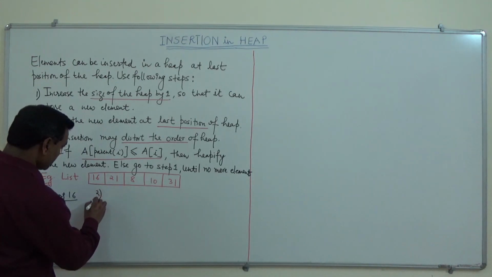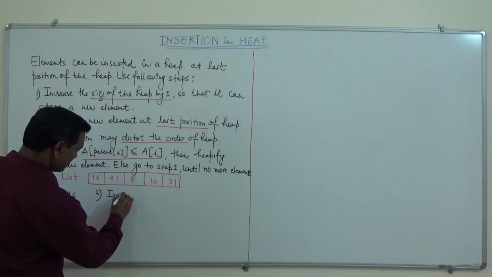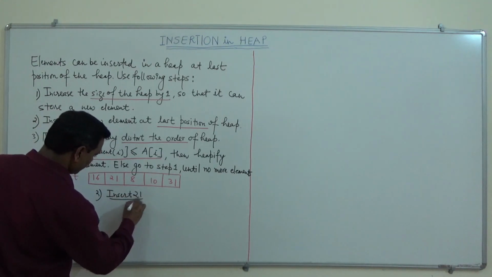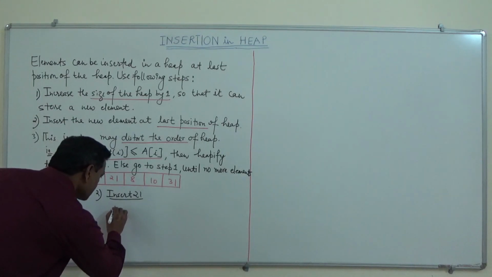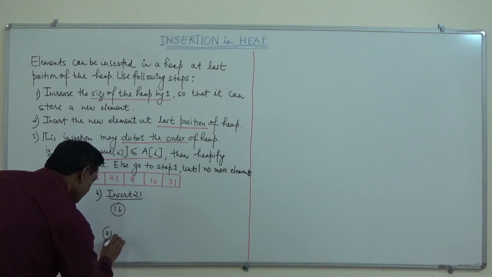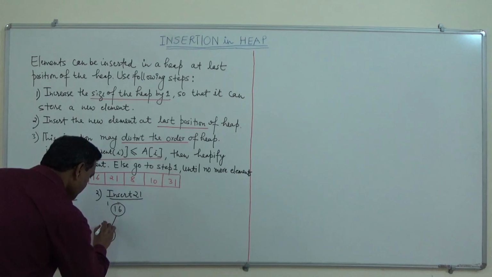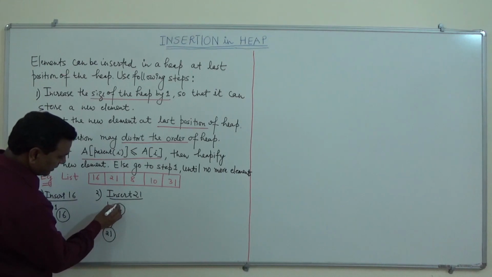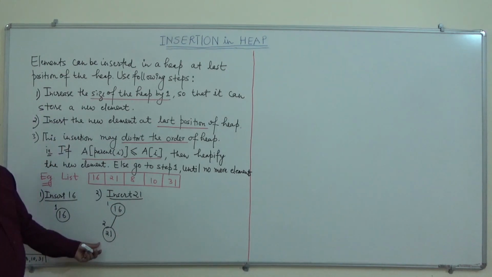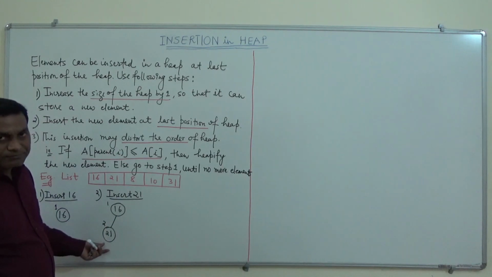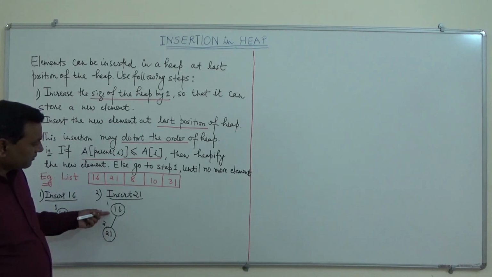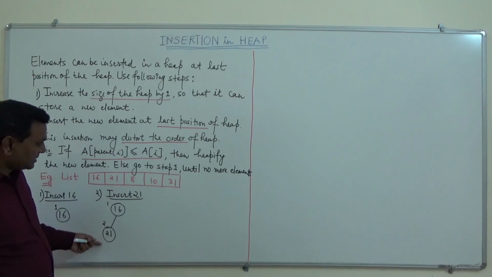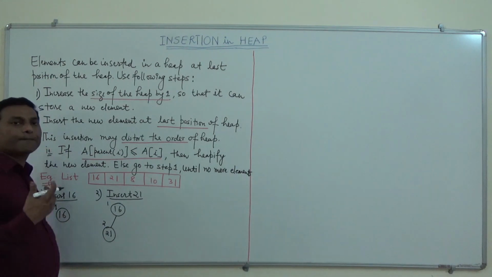Now we will insert 21. This 21 can be inserted at the second position. This is first, this is second. As soon as we insert this 21 at the last position, the value of the parent node is less than its child, so it is distorting the property of the Maxheap.